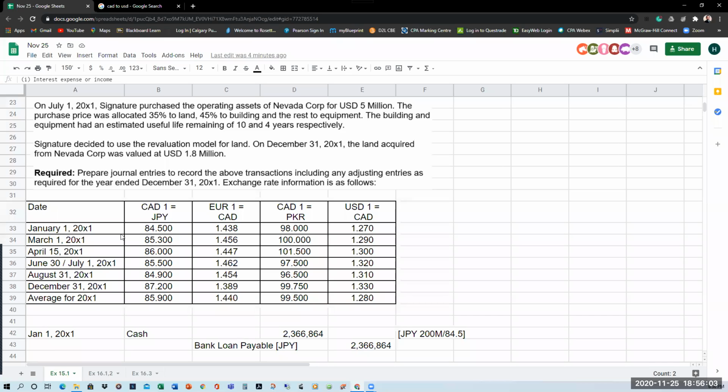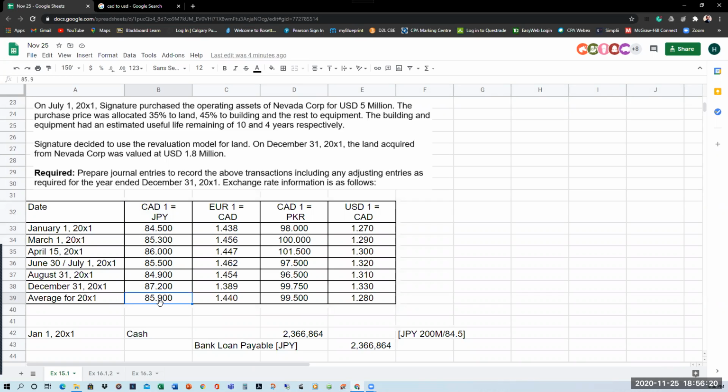So when you look at the Japanese yen information, the average for 2001 is 85.9. That was the average rate of the exchange rate for the Japanese yen for the year.